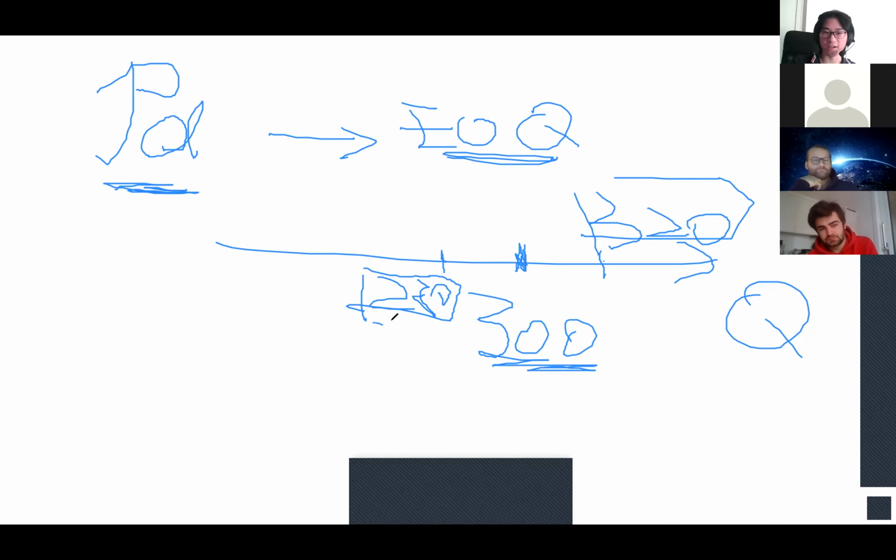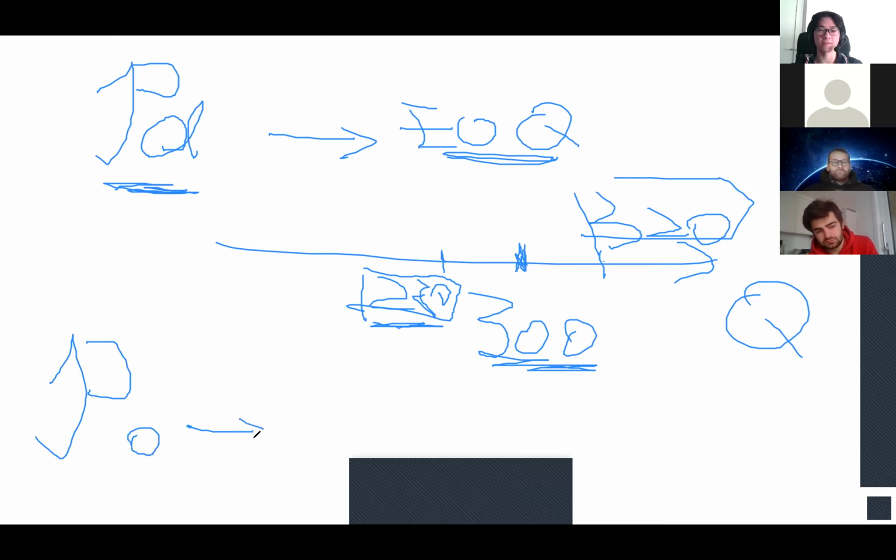But what if the EOQ is below 300, below the threshold? First of all, we use our original price, PO, to calculate the original EOQ.